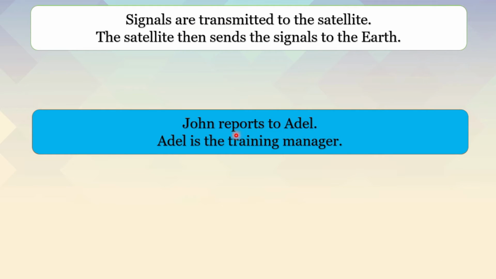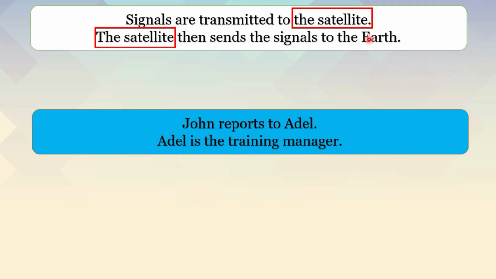Look at the pairs of sentences. This and this. In the first one, we have signals are transmitted to the satellite, and the satellite then sends the signals to the Earth. You can see that the object at the end of the first sentence, that is the satellite, is also the subject of the second sentence.